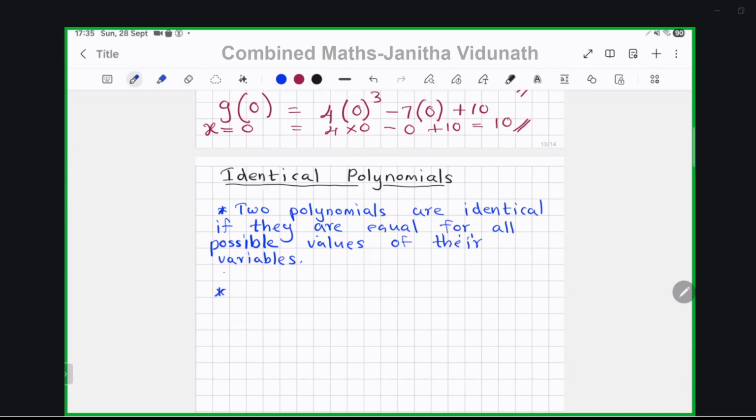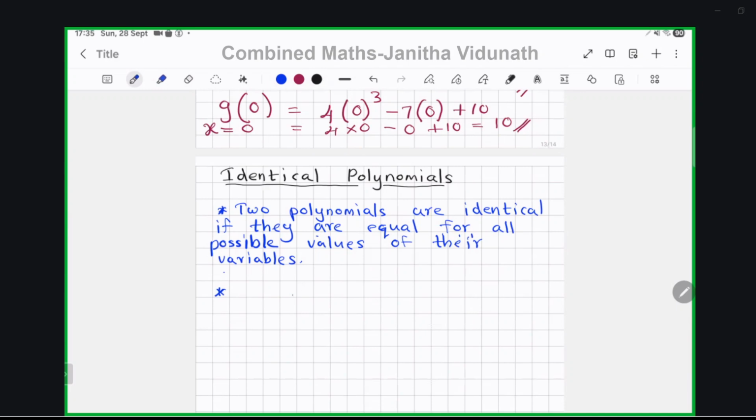That means if we plug a certain value into those two polynomials, every time they need to give us the same value. For any value, those two polynomials should be equal.